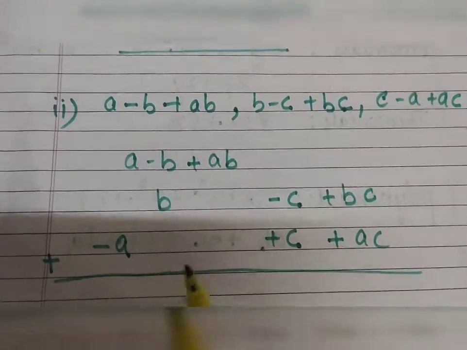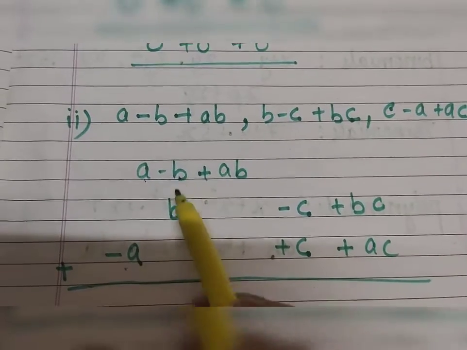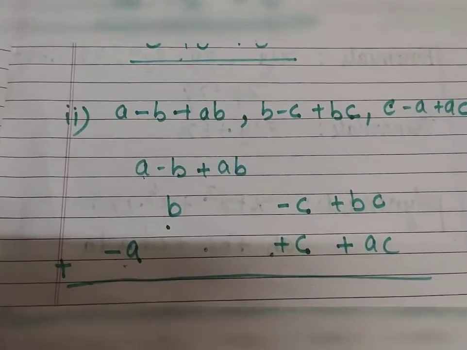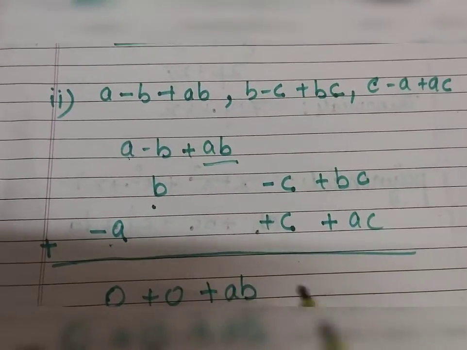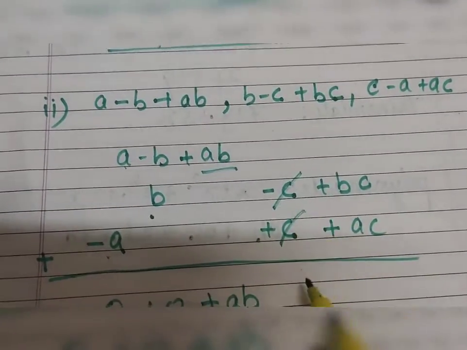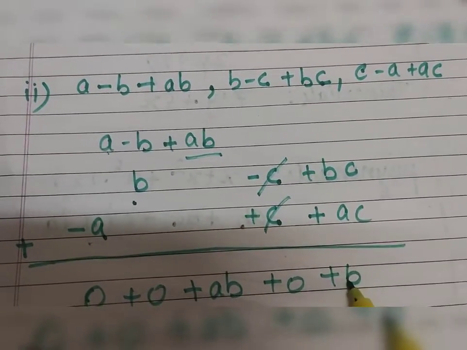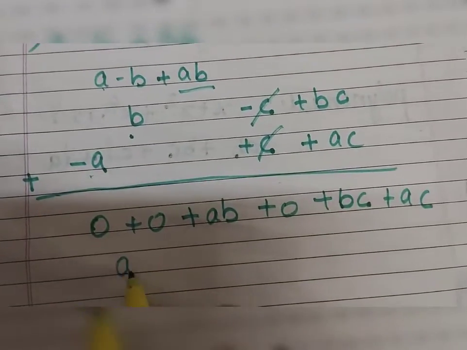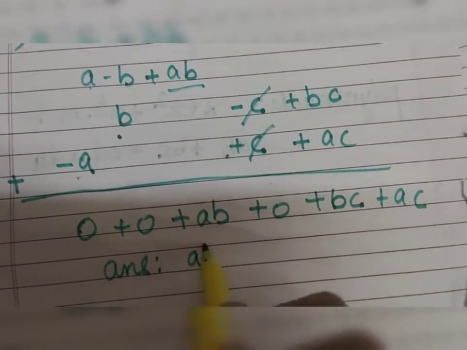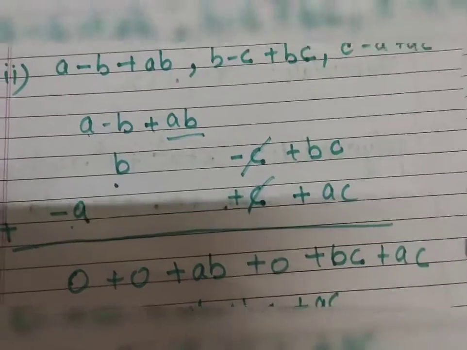No need to change the sign. Plus of A and minus of A will give you 0. Minus of B plus of B will give you 0. Nothing to add with AB, so we will write here AB. Minus of C and plus of C will give you 0. We are left over with BC and AC. So the answer of this question is AB plus BC plus AC.